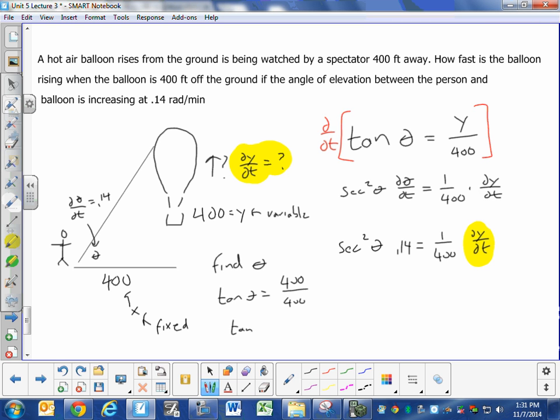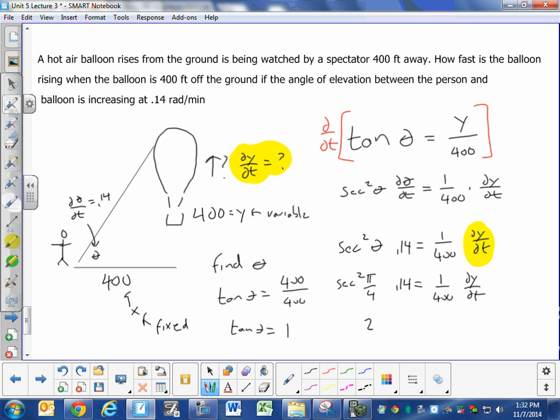So 1. Well, you can know that we have an isosceles triangle. Theta must be equal to pi over 4. So we have the secant squared of pi over 4, similar to the last problem, times 0.14 is equal to 1 over 400 dy dt. Secant squared of pi over 4 we found from the last problem is just 2.